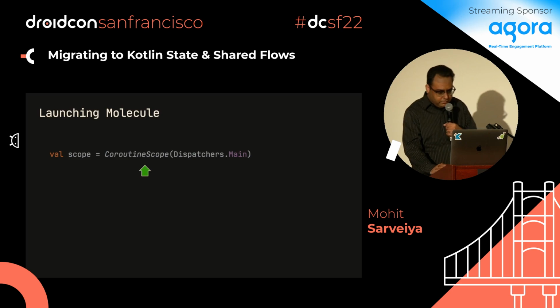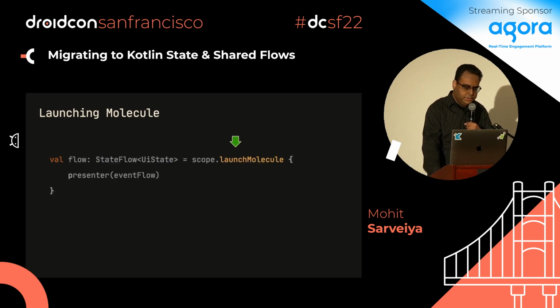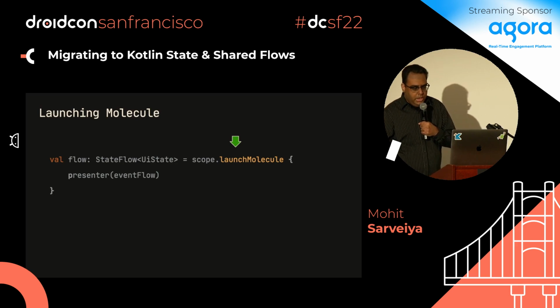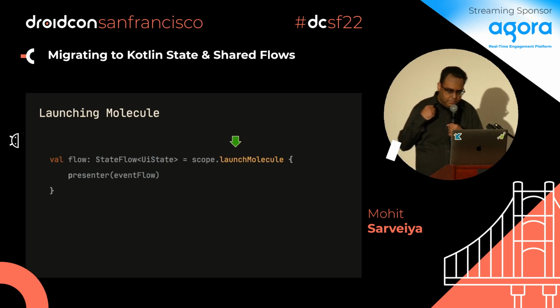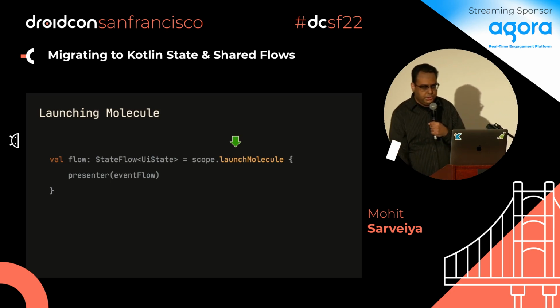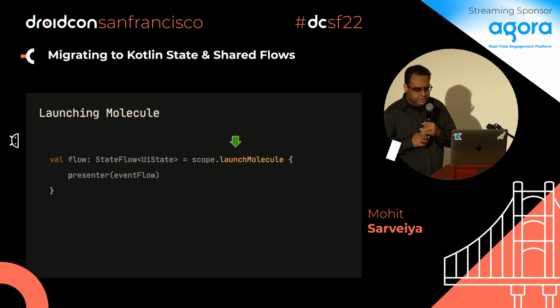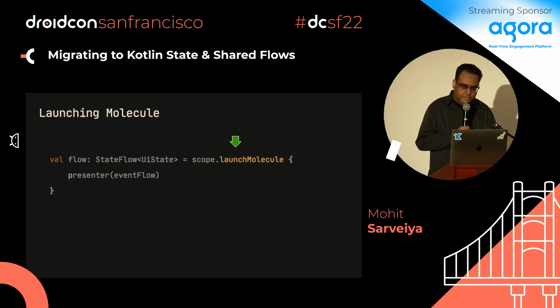And on that scope, you're going to utilize this extension called launchMolecule. It takes in a lambda block, which is annotated composable. And in there is where you're going to inject your logic, which connects the event flow to the UI state. And it gives you back a state flow.